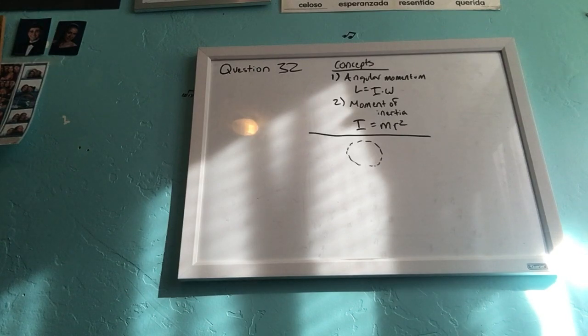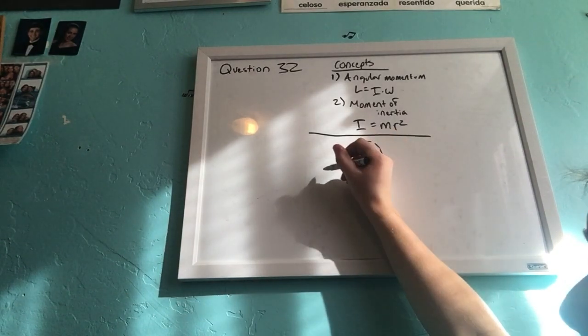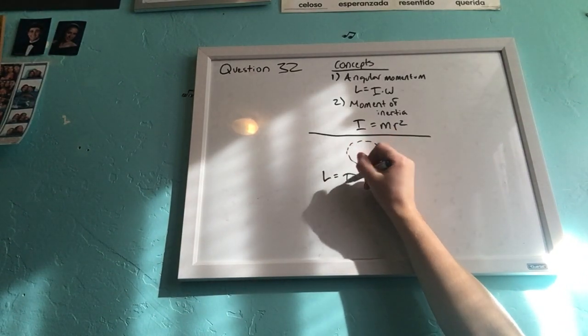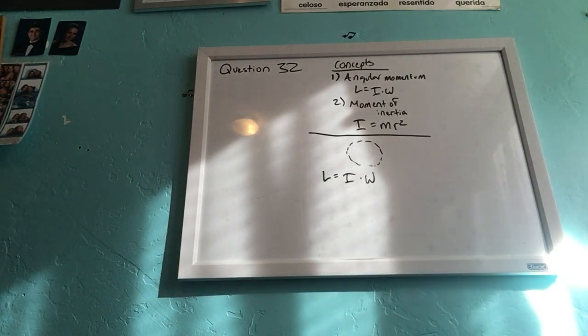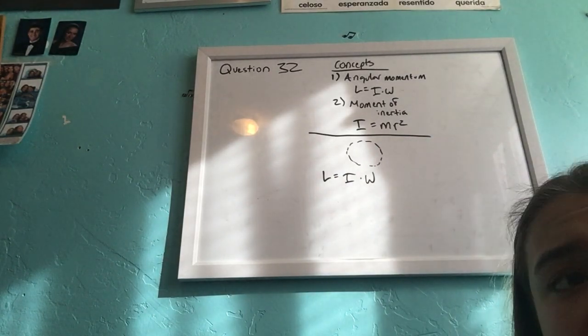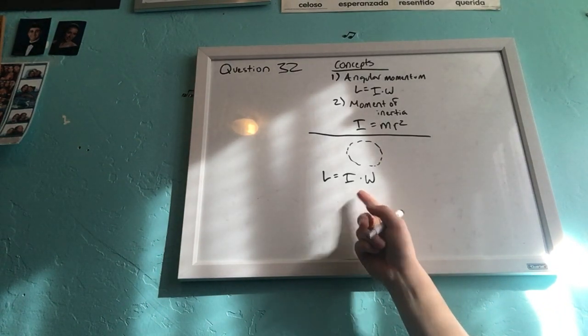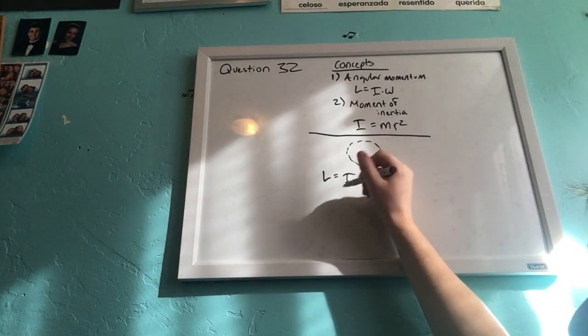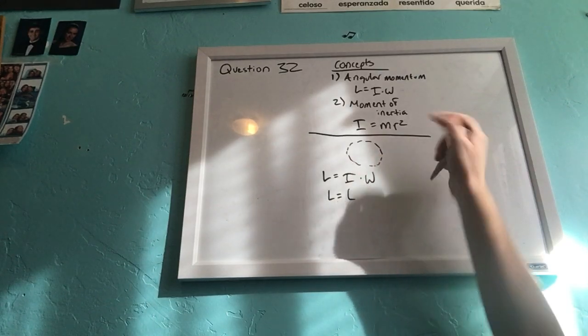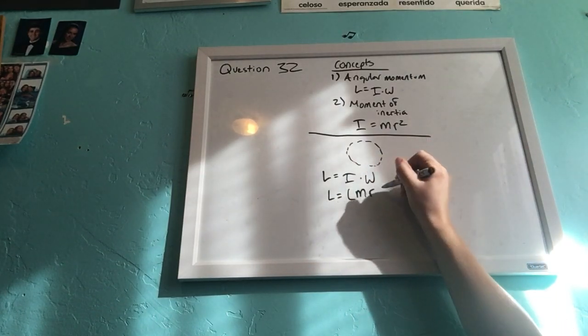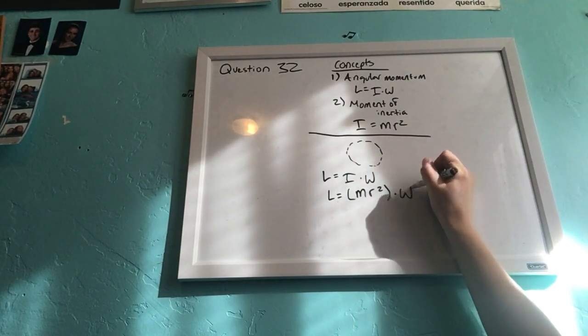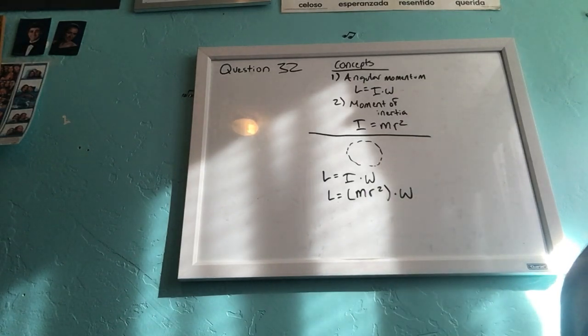Okay, so first I'm just going to write down L equals moment of inertia times angular velocity. And then now I can plug in moment of inertia into the equation. So I'm going to do L equals, and I showed above, mr squared times angular velocity.